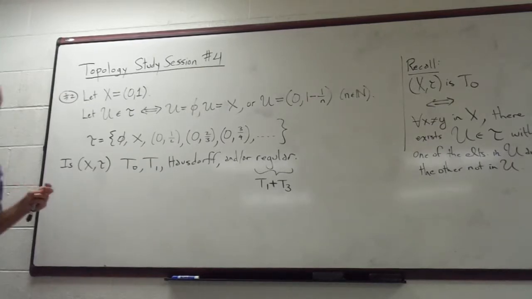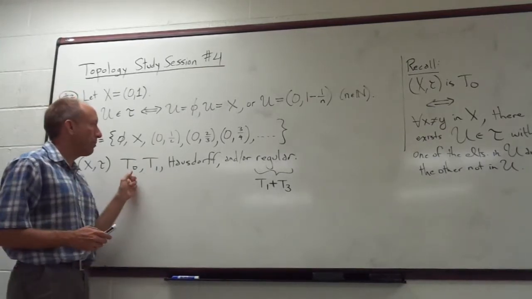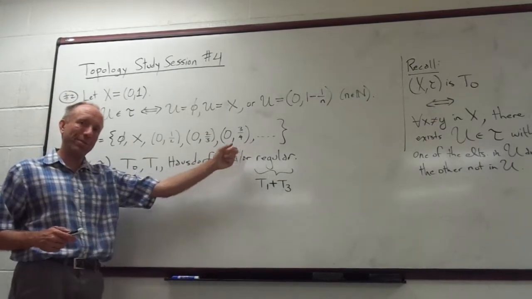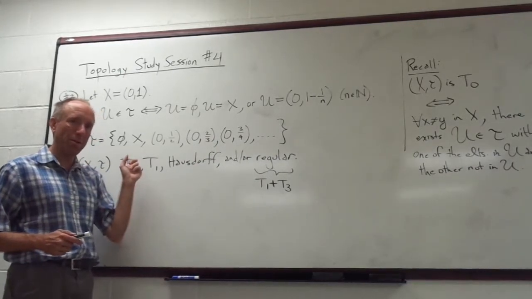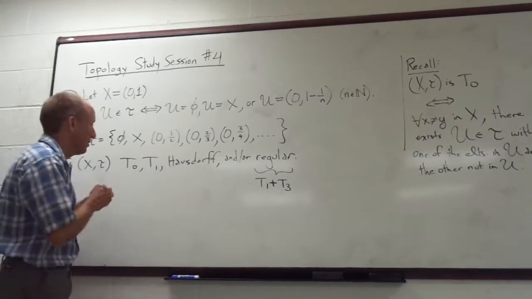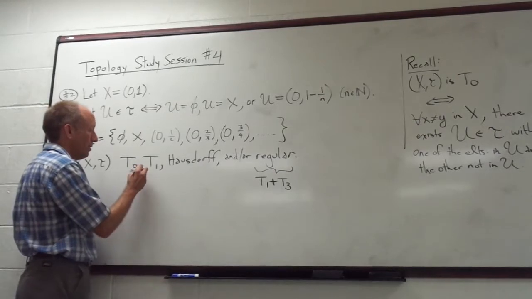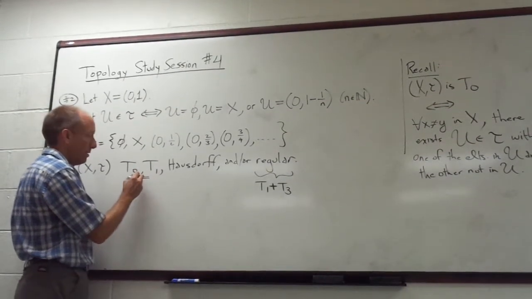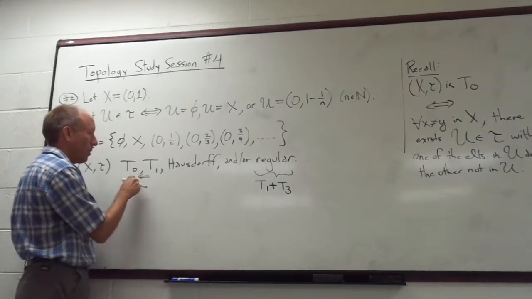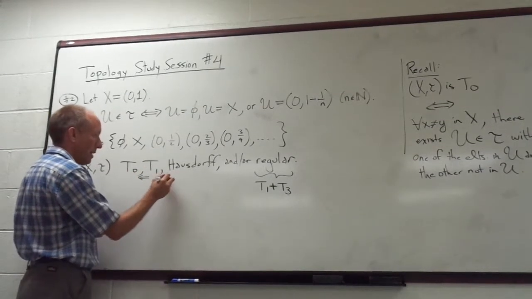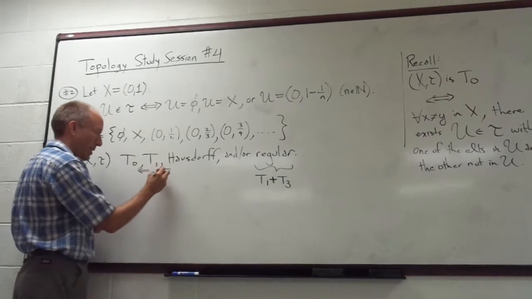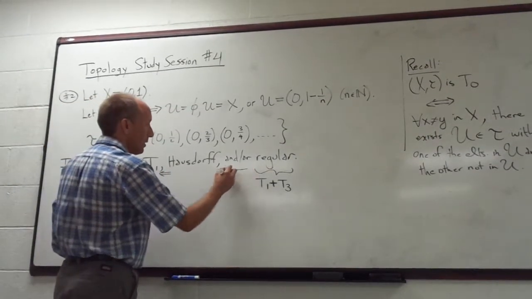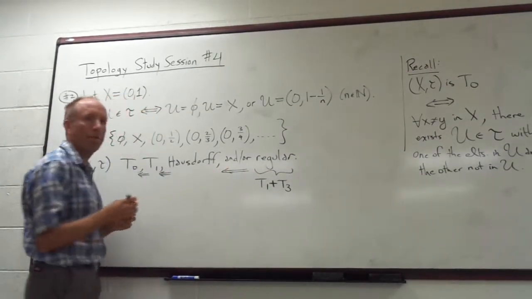Do you guys remember the relationships between these concepts? Like which ones imply which ones? T0 implies T1? No, T1 implies T0. Right, T1 implies T0. Hausdorff implies T1, and regular implies Hausdorff, right?